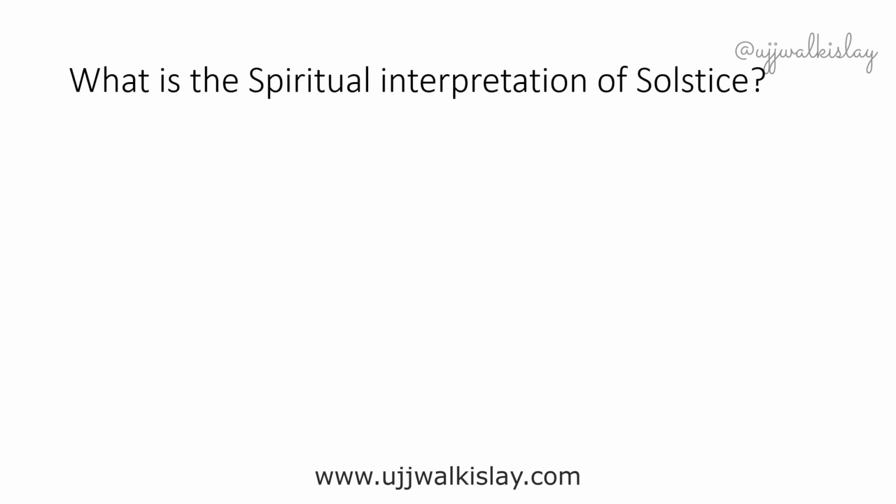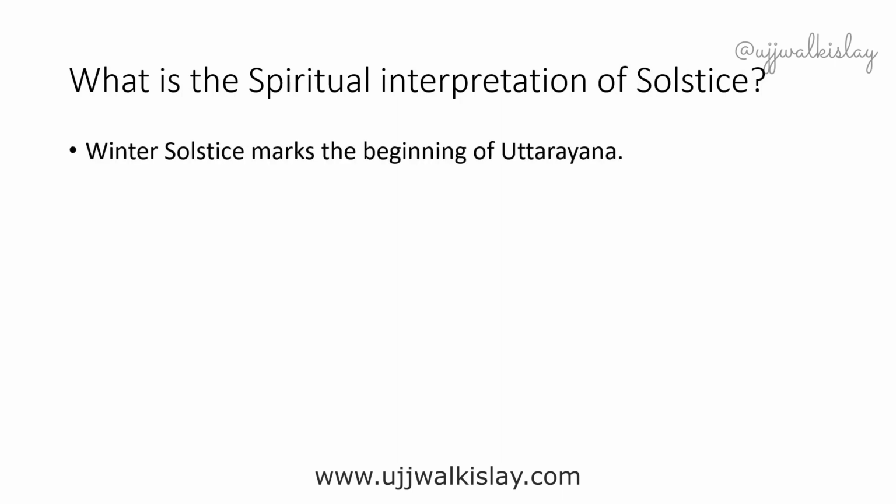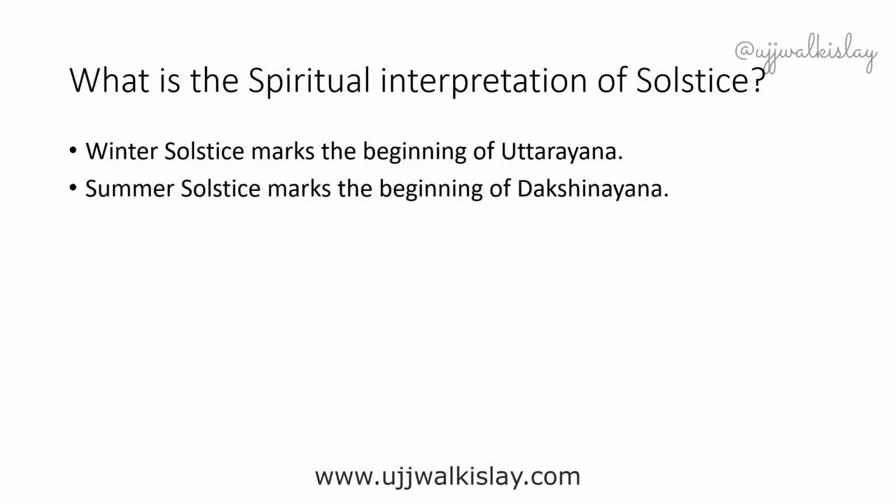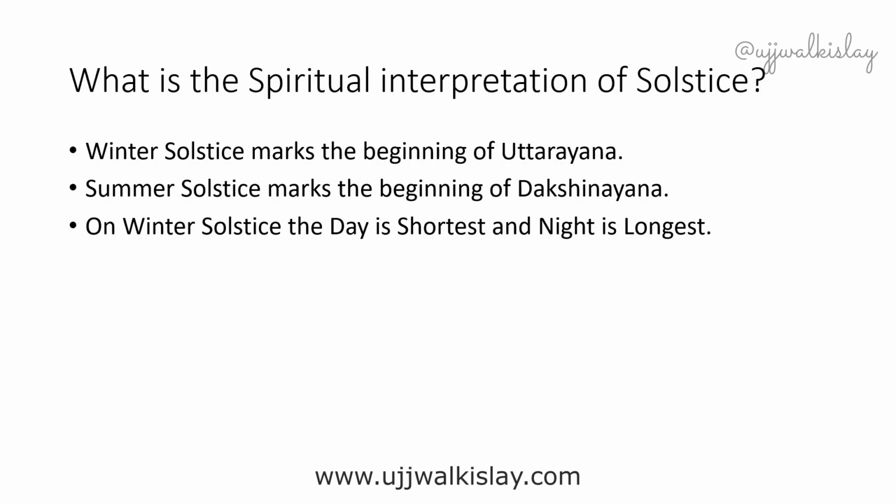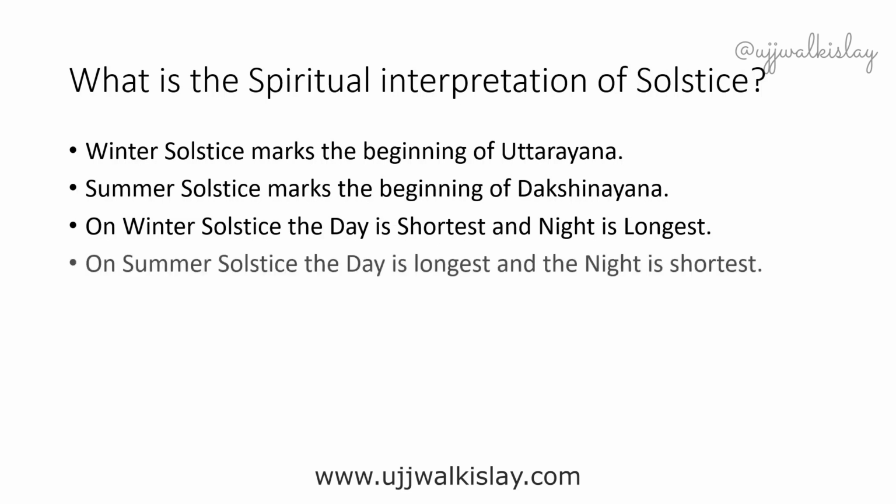Now let us understand the spiritual interpretation of solstice. Winter solstice marks the beginning of Uttarayan, or the northern course of the sun. Summer solstice marks the beginning of Dakshinayan, or the southern course of the sun. On winter solstice, the day is shortest and the night is longest.